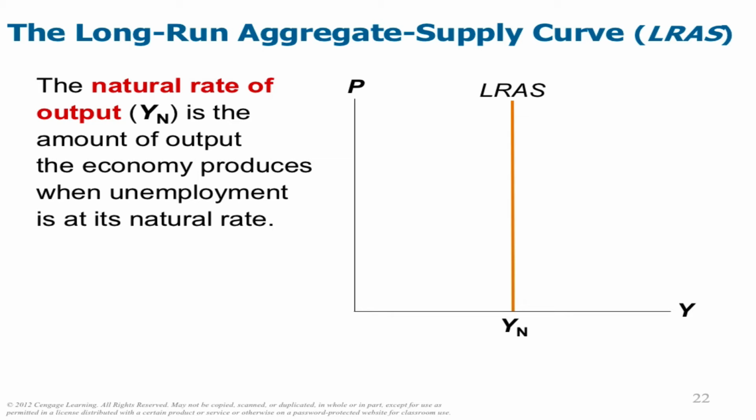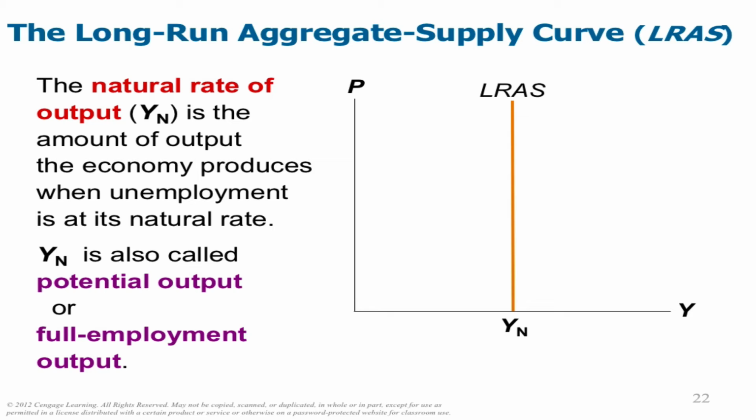When unemployment is at its natural rate, and remember for us, we hope that's around 3 to 4%, it includes only structural unemployment and a little bit of cyclical. So it's that natural rate of unemployment that's going to determine our natural rate of output for GDP, and that is where we set our long-run aggregate supply.